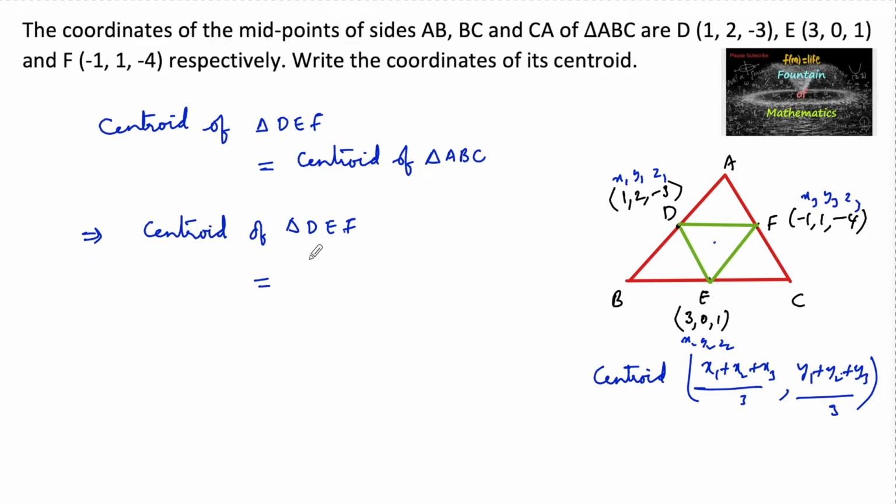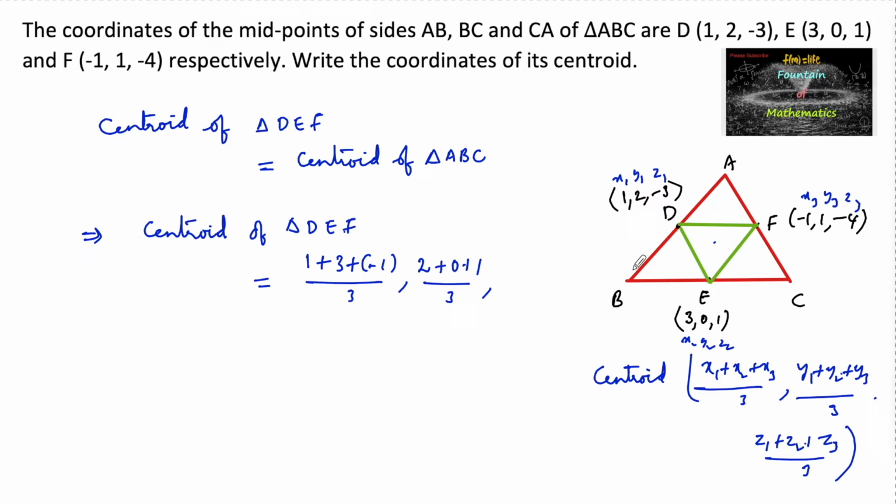So we can write ((1 + 3 + (-1))/3, (2 + 0 + 1)/3, (-3 + 1 + (-4))/3).